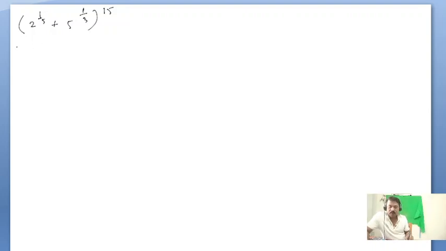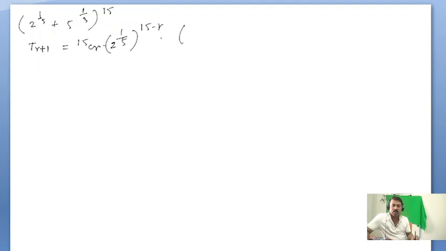So we first calculate the term, that is the (r+1)th term, that is 15Cr (2 to the power 1 by 5) whole to the power 15 minus r and (5 to the power 1 by 3) whole to the power r.